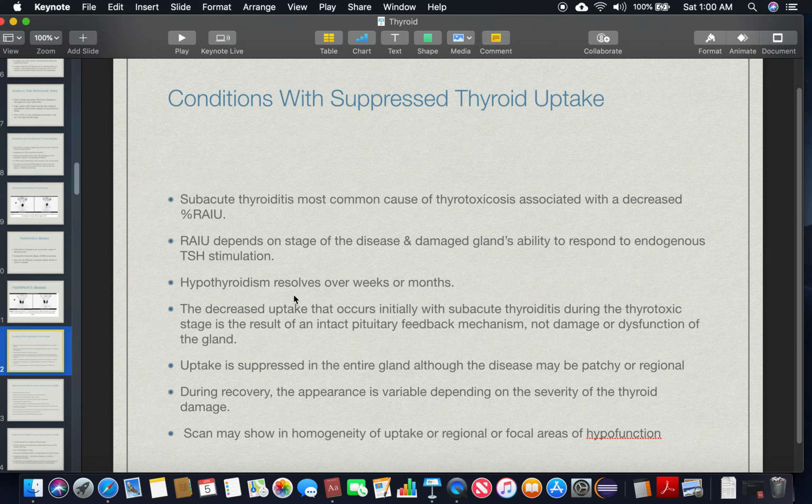So the patient's hypothyroidism would resolve in a few weeks or months. The uptake could be suppressed in the entire gland, or it could be patchy or regional. You may have a variable appearance depending on the severity of the thyroid damage, and the scan may show inhomogeneity or areas of focal or regional hyperfunction.